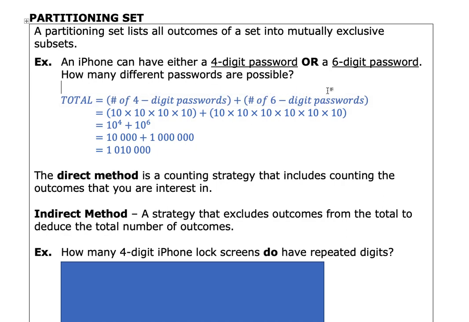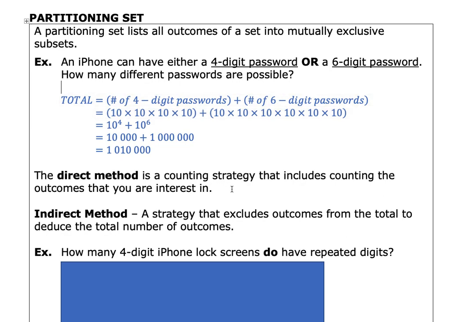This composes all possible cases into these 2 subsets. And we use fundamental counting principle to be able to solve for each and add those outcomes together. So this partitioning set can be helpful to solve problems.